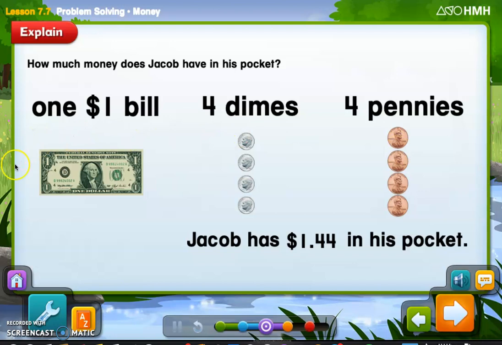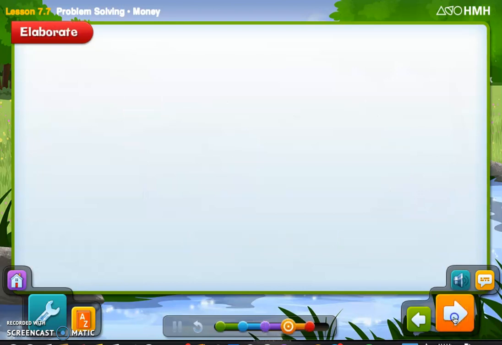So for example, right here, it would be really helpful to have $1, 4 dimes, 4 pennies, because then you can just count them and solve that problem using the real money.